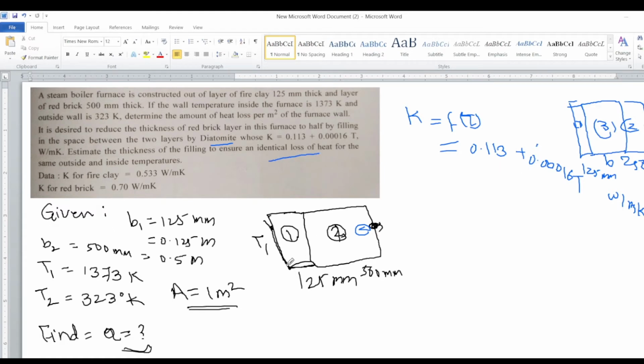That is, here we have calculated Q. Here Q will be the same, T1 will be the same, and T2 will be the same.